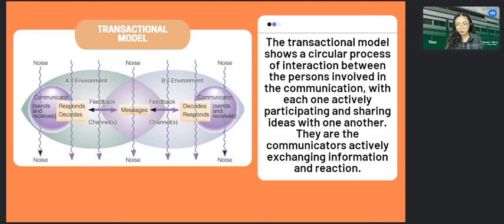You will experience many noises because, yun nga, paikot-ikot yung pag-uusap nyo. So, sa katagal-tagalan ng pag-uusap, merong mga noises or barriers na ma-experience. Like, it could be psychological barrier, environment barrier, physical barrier, and many, many more. Okay, so that's for transactional model. Example niyan, gaya ng sinabi ko, having a conversation with your family, with your friends, with your best friend. Okay, so that's for transactional model.